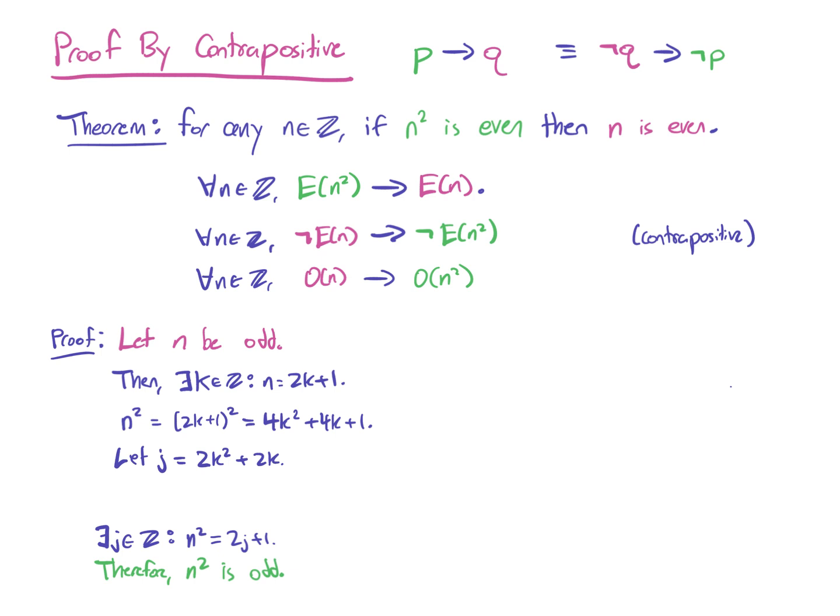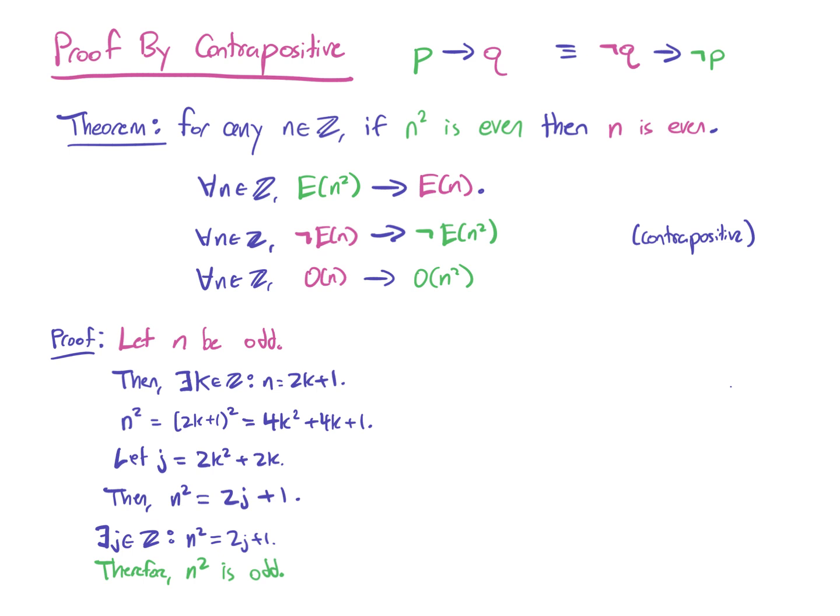And what I'll notice now is that, because of the clever way I've chosen j, n squared is equal to 2 times j plus 1. Because here I'm going to get 4k squared when I multiply 2k squared times 2. I'm going to get 4k when I multiply 2k times 2. And I'm going to add the 1 at the end.